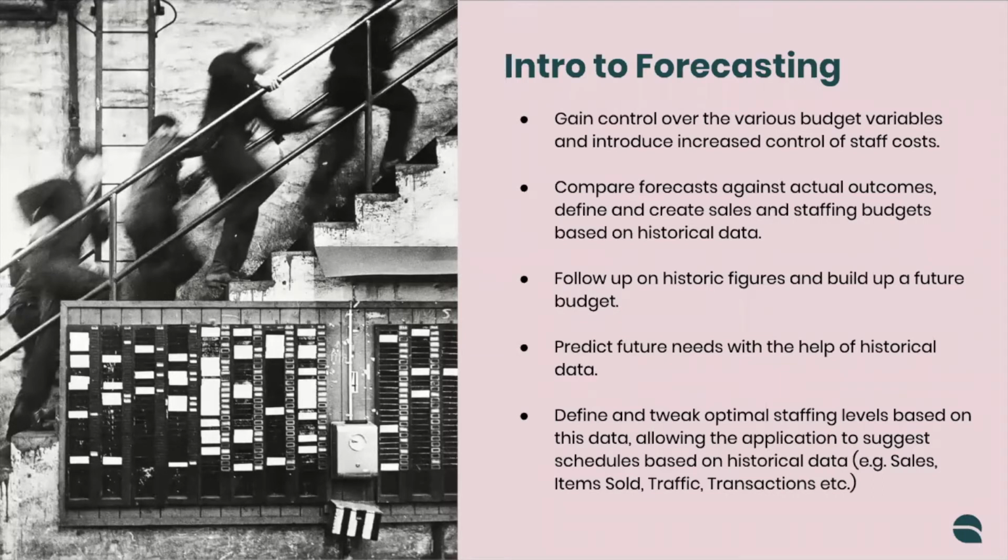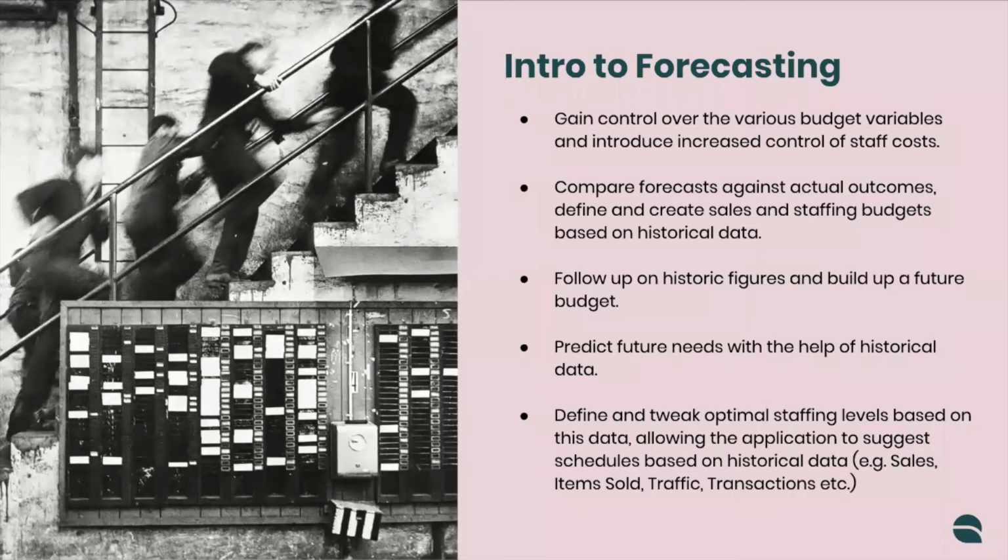So again, within the system, within the schedule views, etc., the ability to see the cost of those planned shifts and actual punches, comparing that against budgets or forecasted spend, allows you to review the actual outcomes, and define and create sales and staffing budgets based on that historical data.